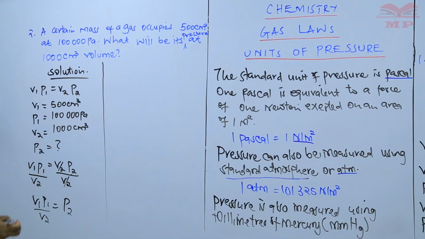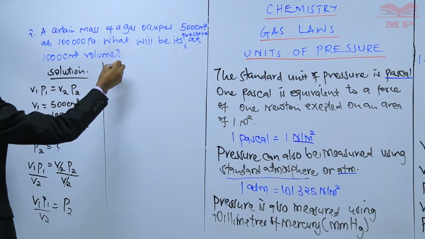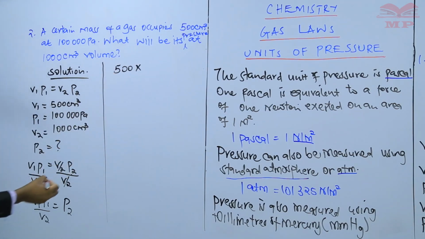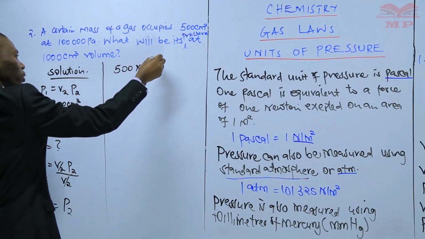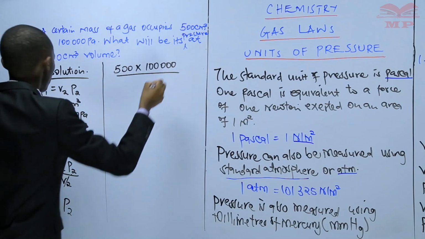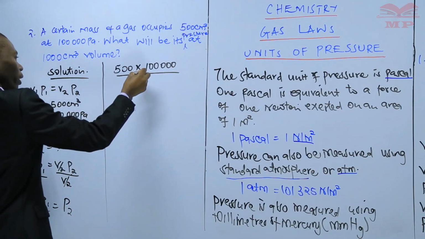The next step, you just need to substitute. V1 is 500 centimeters cubed. You multiply by P1, which is 100,000 pascals, divide by V2, which is 1,000.